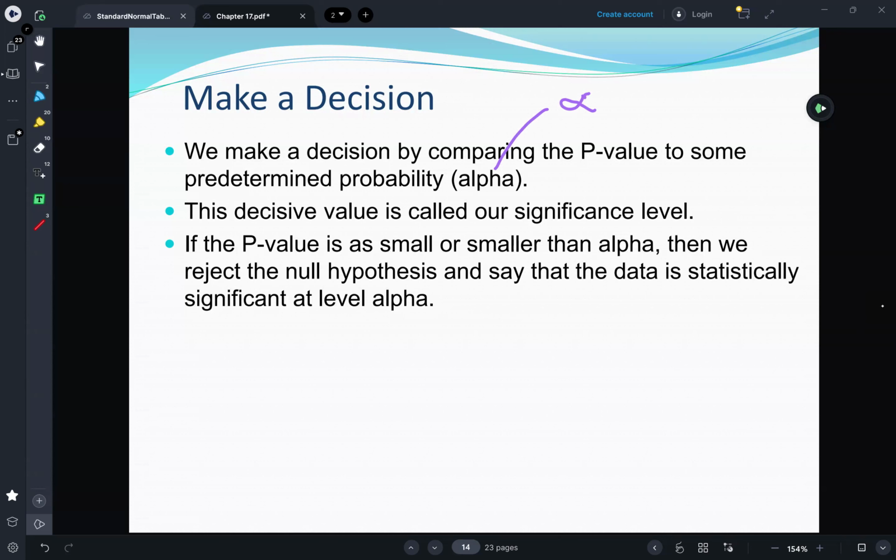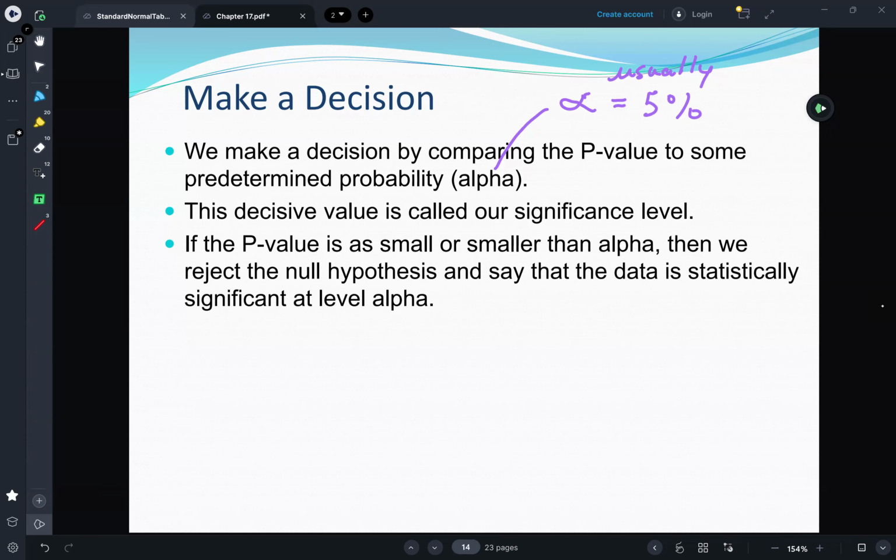And alpha is usually equal to 5%, usually. So we make a decision by comparing the p-value to some predetermined alpha. Alpha is the level of significance.